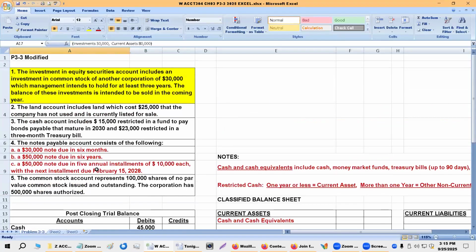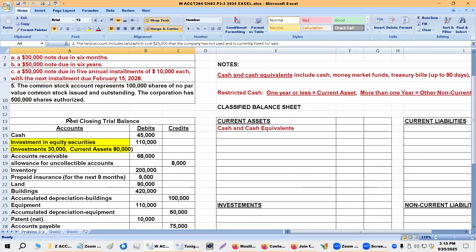What's that one? Land. Includes land which costs 25,000 and the company has not used and is currently listed for sale. So it's 90,000.